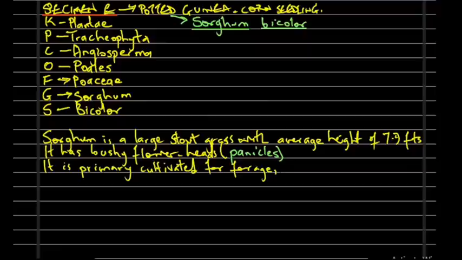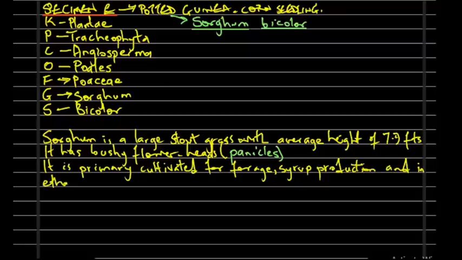So for forage, in the production of syrup, and in ethanol. These are very important uses of sorghum.